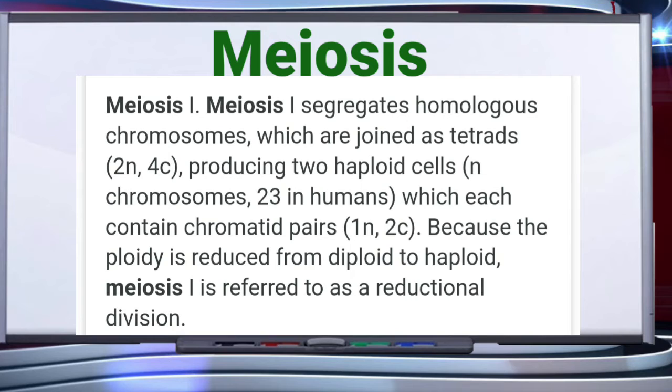So, meiosis 1 segregates homologous chromosomes which are joined as tetrads, producing two haploid cells which each contain chromatid pairs. Because the ploidy is reduced from diploid to haploid, meiosis 1 is referred to as a reductional division.